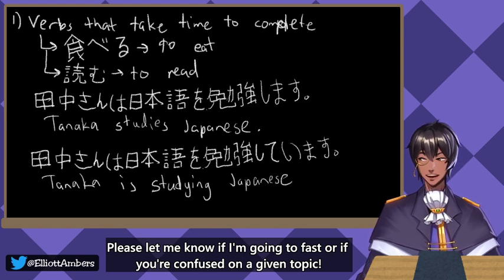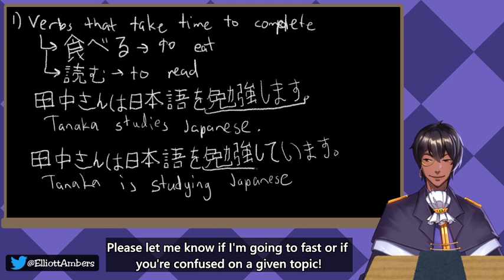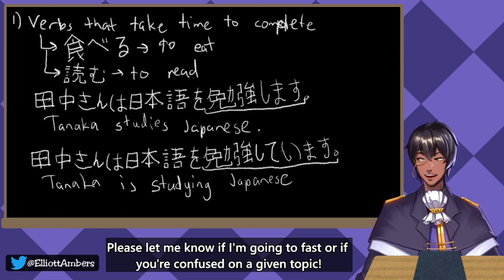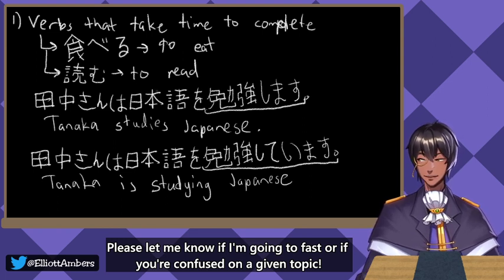So the difference here, the difference of ending our verb as benkyou shimasu versus benkyou shiteimasu, is that shiteimasu means that they are currently in the process of doing so, that presently they are studying Japanese, versus this being a general thing that they do.